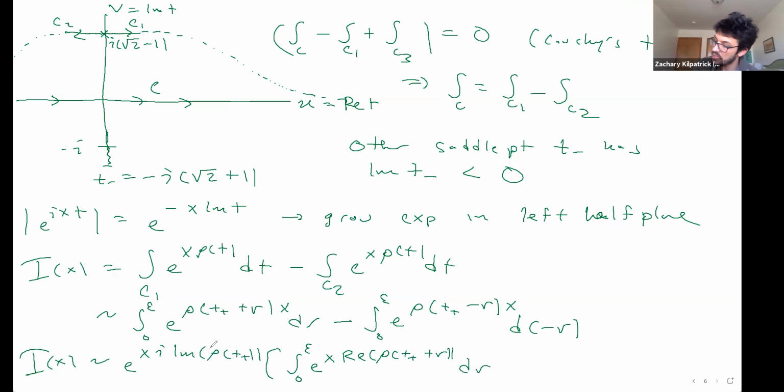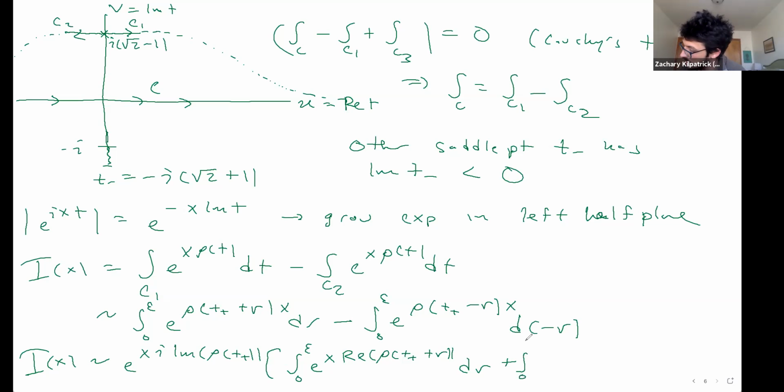And remember, I can do this because I've chosen a steepest descent contour. And along the steepest descent contour, the imaginary part should be constant, okay? The real part of rho should be descending as rapidly as possible, okay?